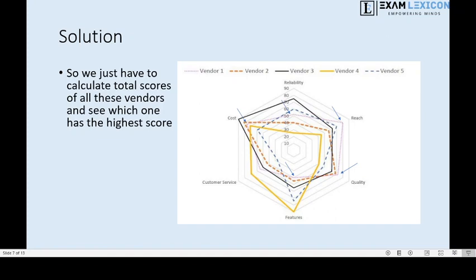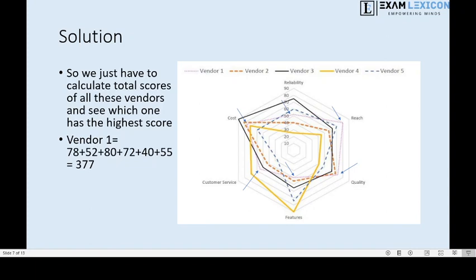And for the last, customer service, it is showing 55, just in the middle of 40 to 50. So vendor 1's score is 78 plus 52 plus 80 plus 72 plus 40 plus 55, which comes out to be 377.